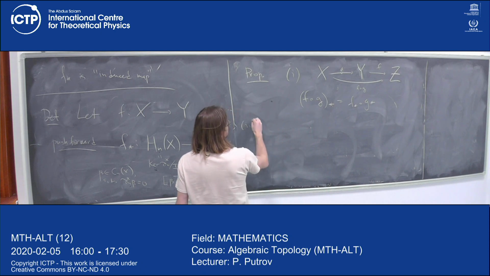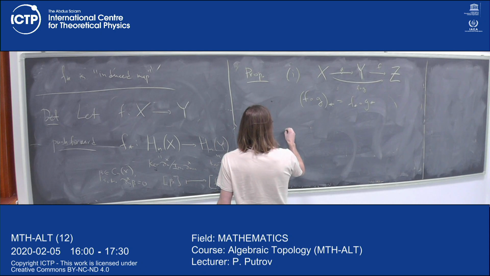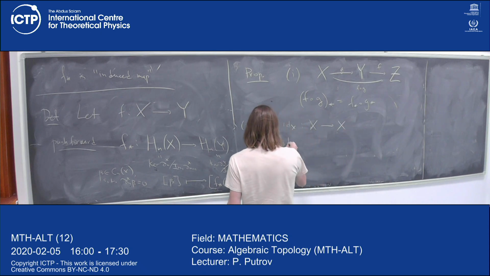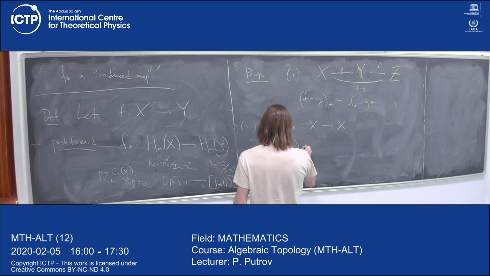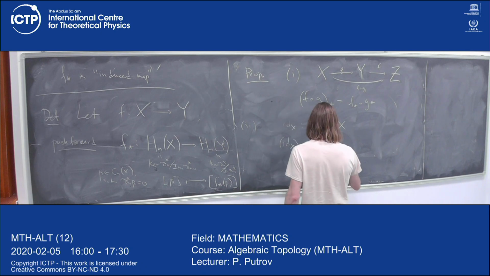And the second property is that the identity map, its push forward is identity on homology.